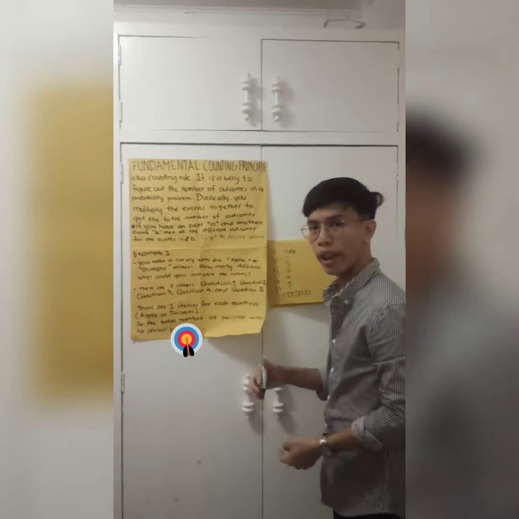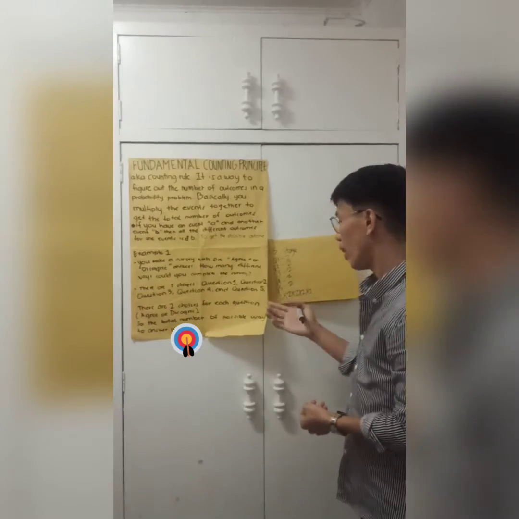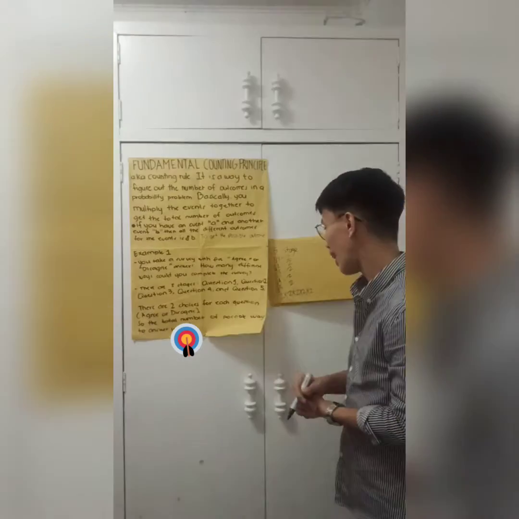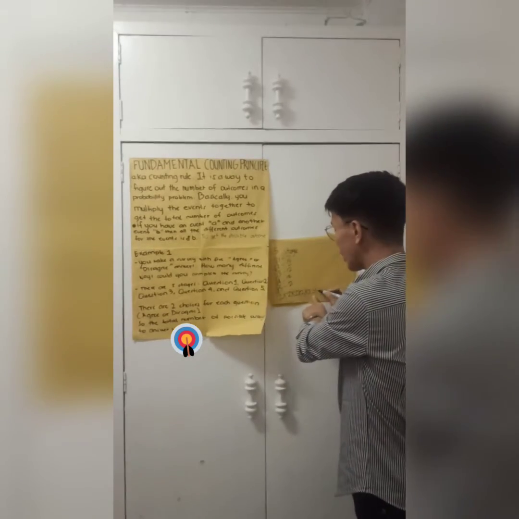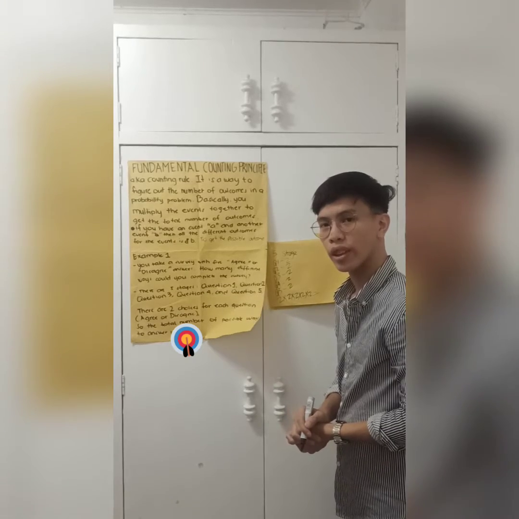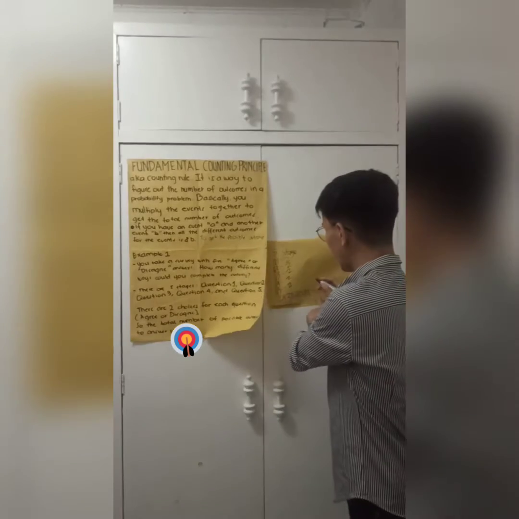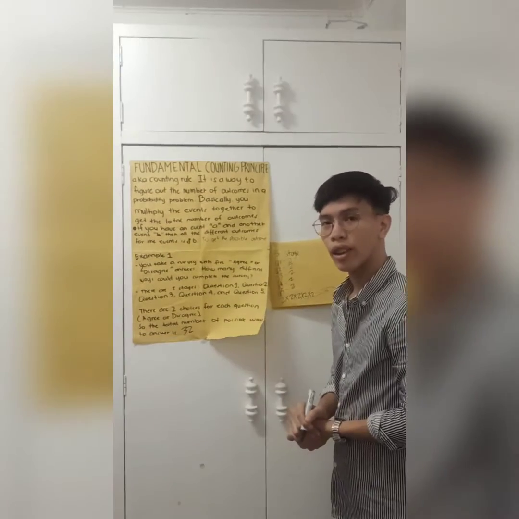So, we are here at our final answer. We have 5 questions. We just multiply each question of the survey, and we will get 32 possible outcomes.